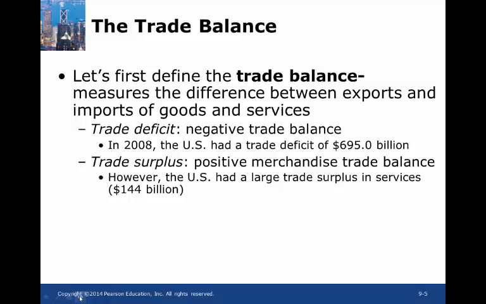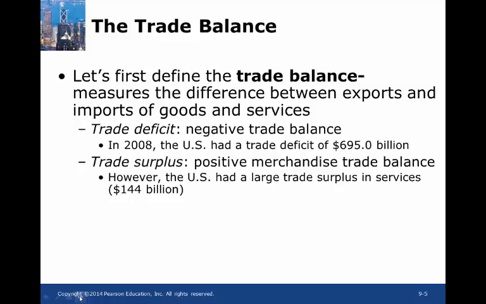So, to start with, we're going to talk about the current account, which is the trade of goods and services. Before we get started, we need to define a trade balance, and that basically measures the difference between exports and imports of goods and services. So a country has a trade deficit if it has a negative trade balance, meaning that it imports more than it exports.